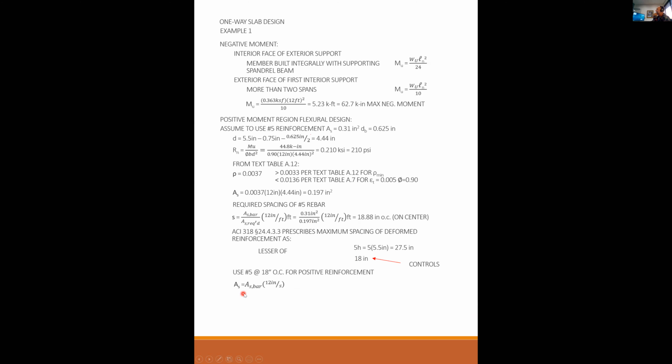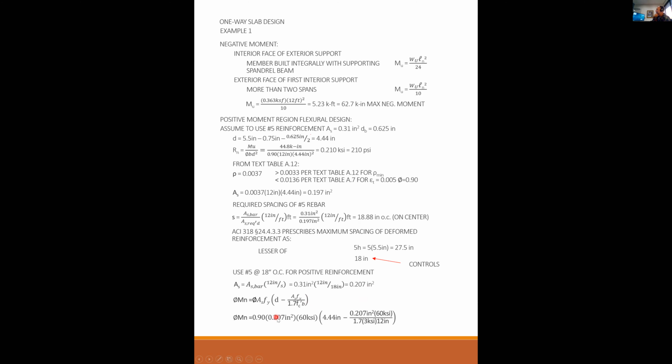The area that I'm providing then is equal to the area of the bar times 12 over your spacing. So 0.31 times 12 over 18 is 0.207 inches squared. This is technically 0.207 inches squared per foot of slab. Now I got to do my strength check.